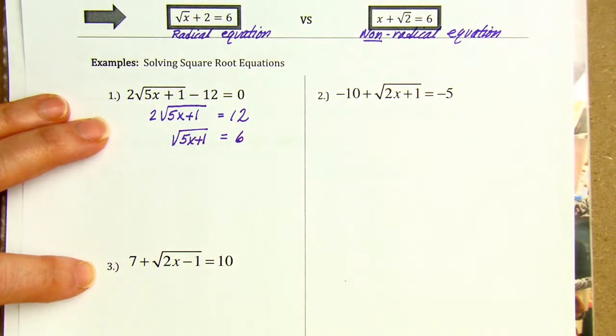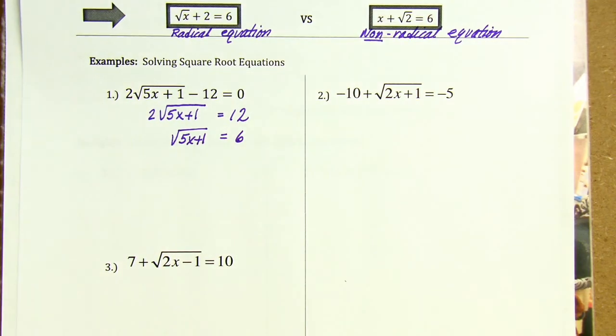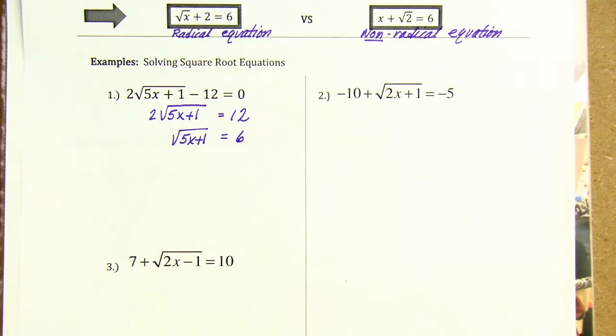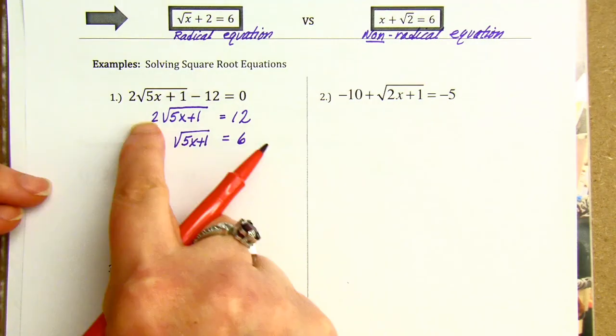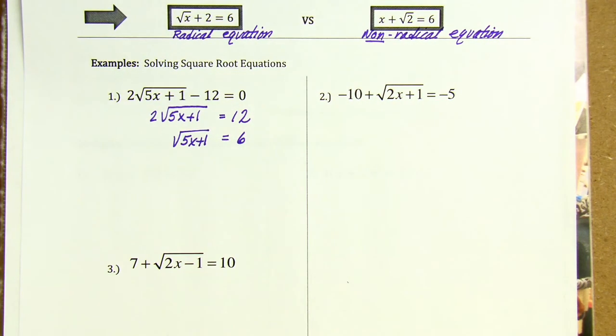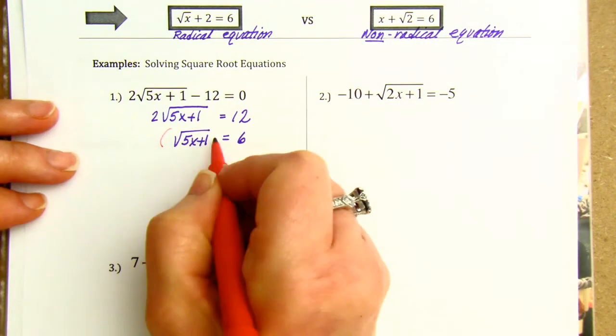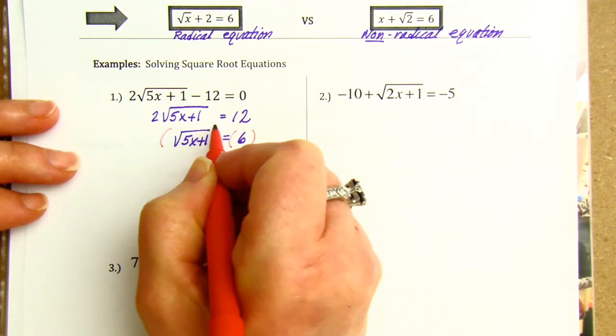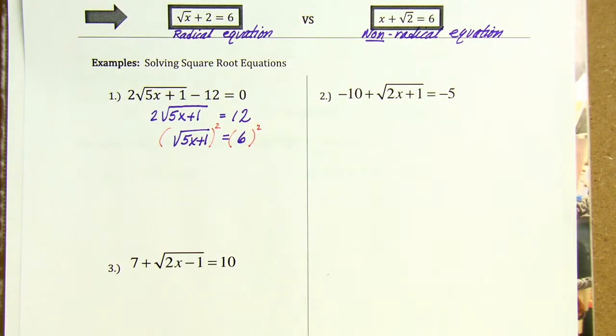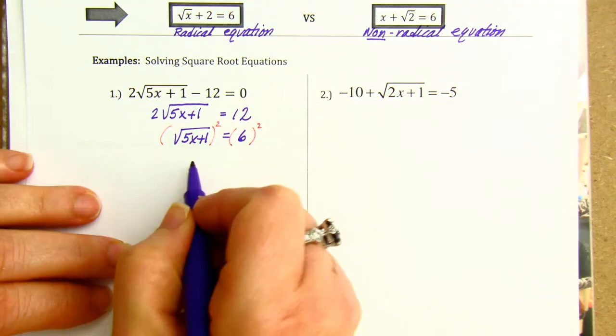What's the inverse operation of square root? It's all about inverse operations, right? I added the 12, that's the opposite of subtraction, and I divided the 2, that's the opposite of multiplication. Well, the inverse of square root is squaring. Now, when I square this square root of 5x plus 1, I'm left with 5x plus 1.